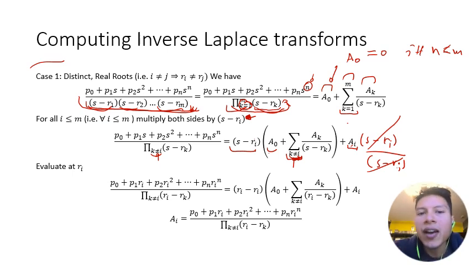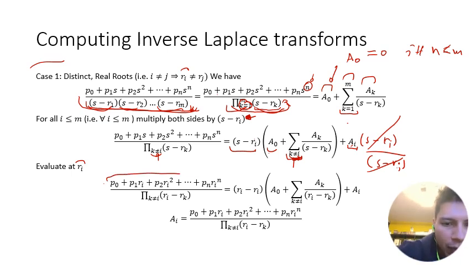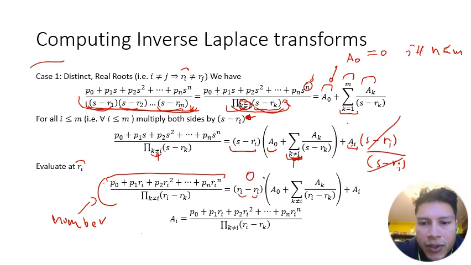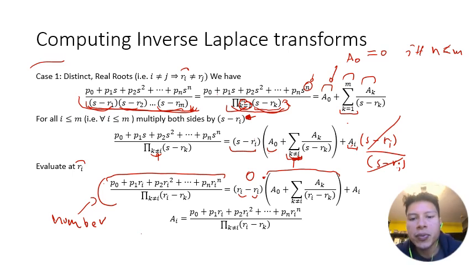Since we have distinct roots, we can just plug in ri for s, and this expression has to be valid for all values of s. On the left-hand side, we're going to get a number. And on the right-hand side, ri minus ri is 0, so this is 0 times whatever this is, which we don't know. So we're just going to be left with Ai.